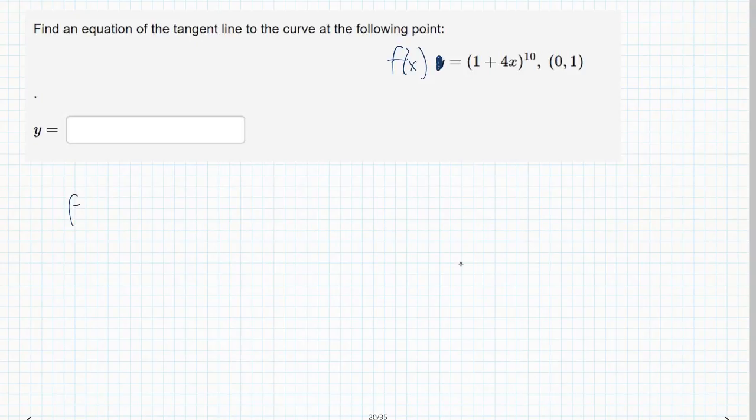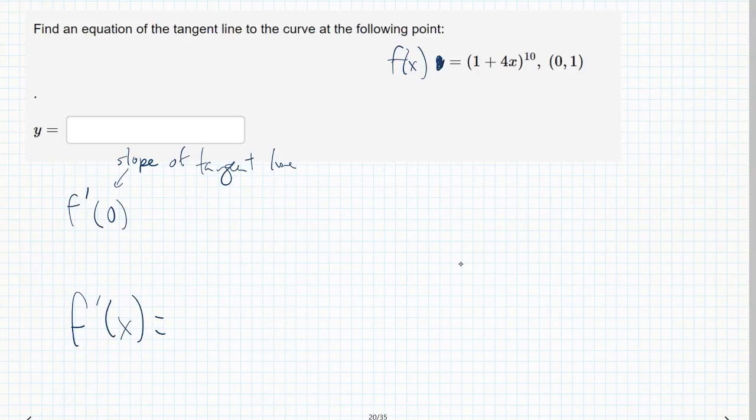We know that f prime of 0 is the slope of the tangent line. So if we can find f prime of x, we're going to be in good shape. The way we do that, 10 goes (1 plus 4x) raised to the 9th times the derivative of the inside, so times 4.